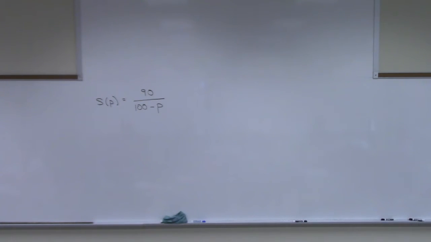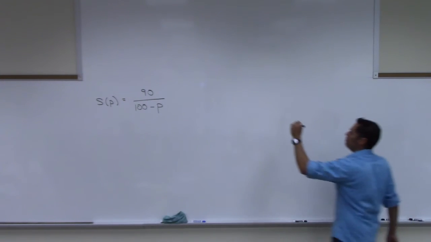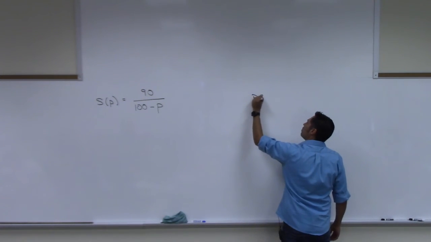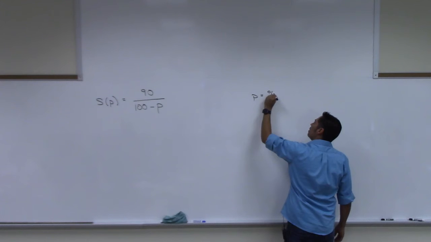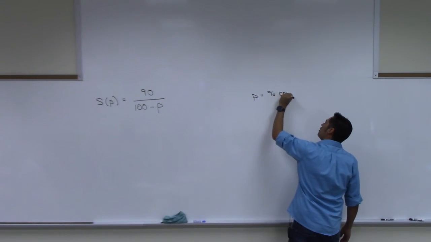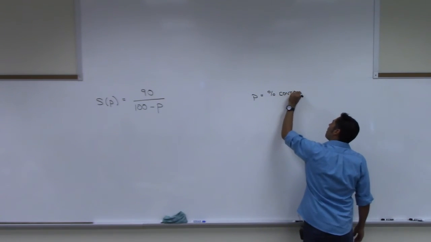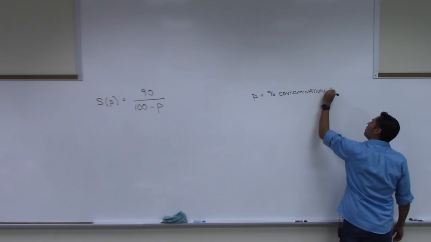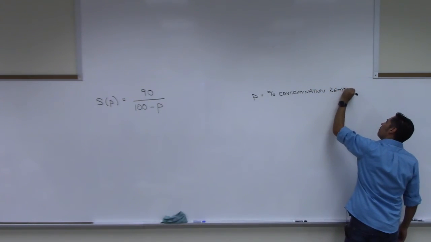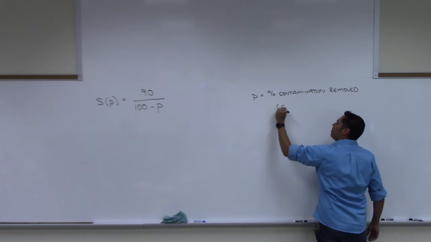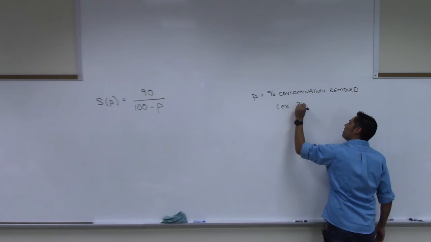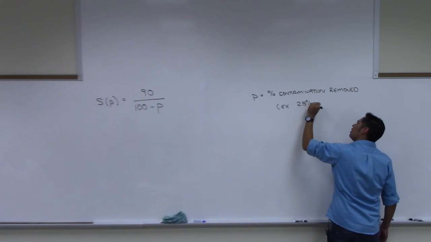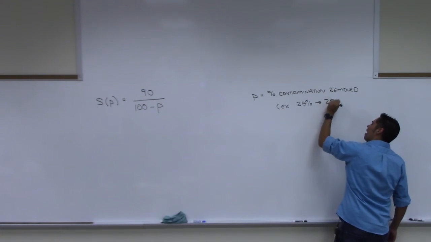Okay, so P in this problem is equal to the percent contamination removed. As an example, 25% we would write as 25.